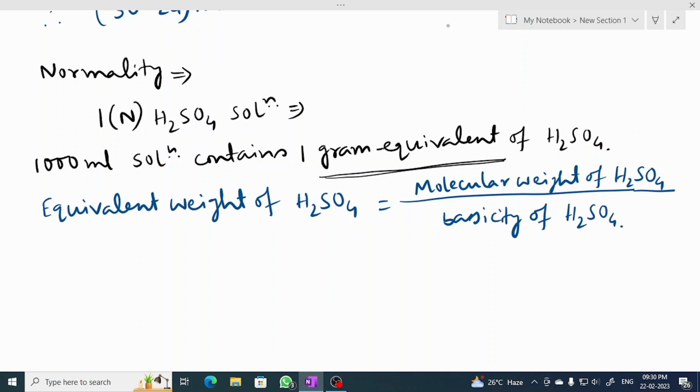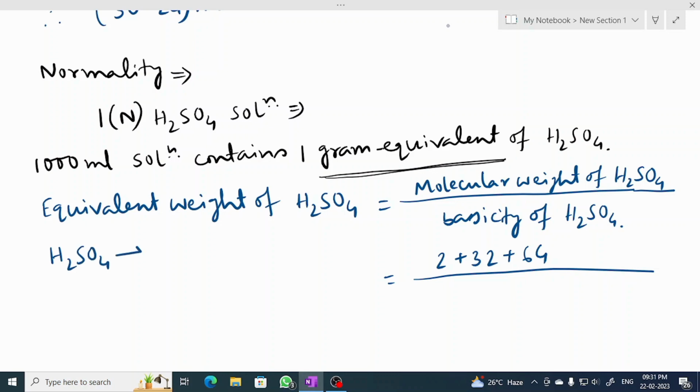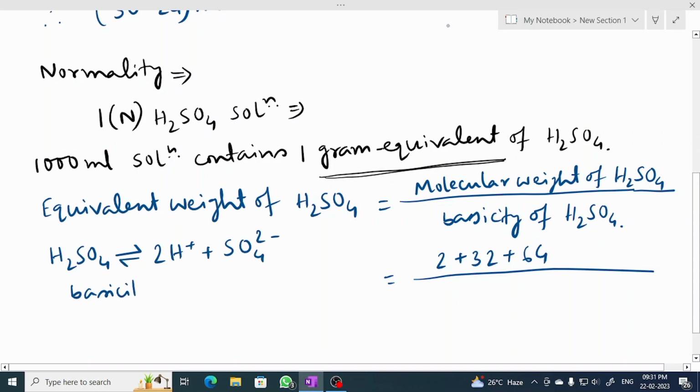And what is the molecular weight of H2SO4? There are 2 hydrogens, 2, plus 1 sulfur, that is 32, and 4 oxygens, that is 64. And what is the basicity? H2SO4 dissociates as follows: 2H plus and SO4 2 minus. So basicity is 2 as 2 protons are generated.